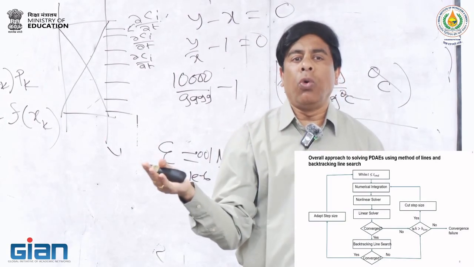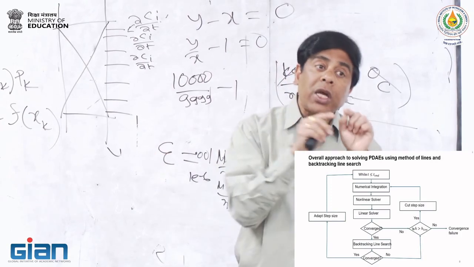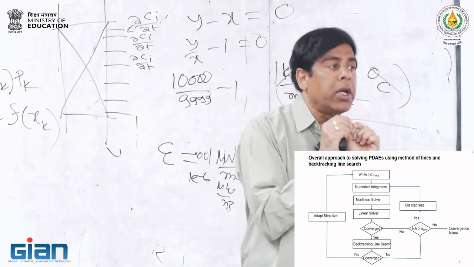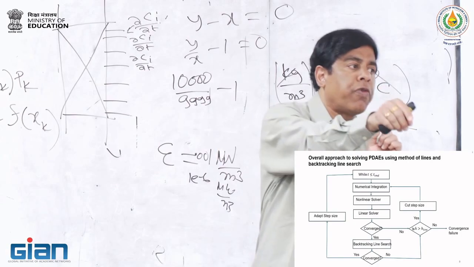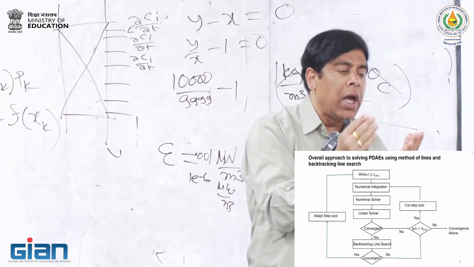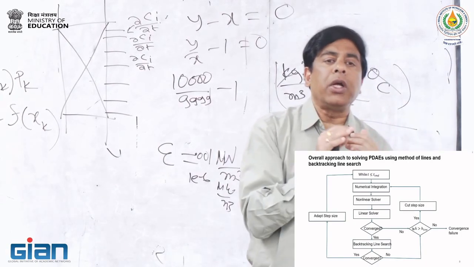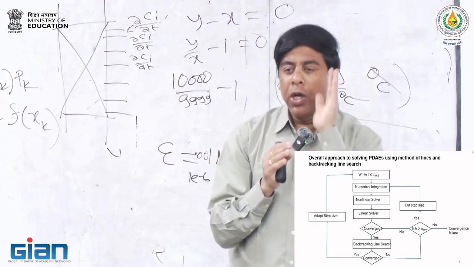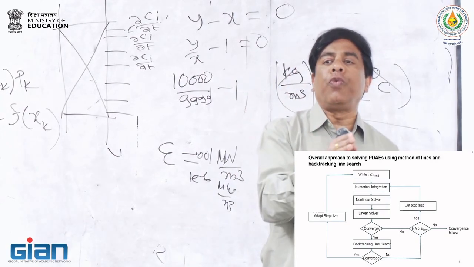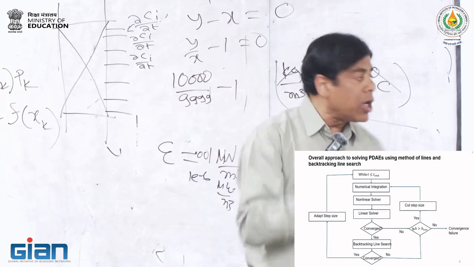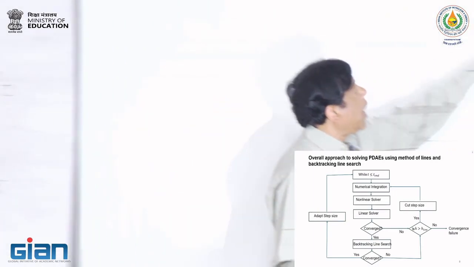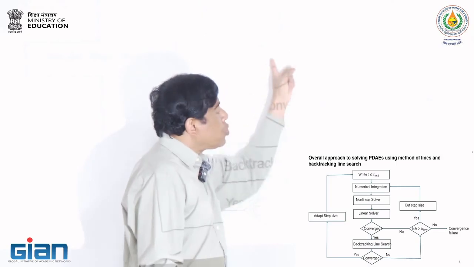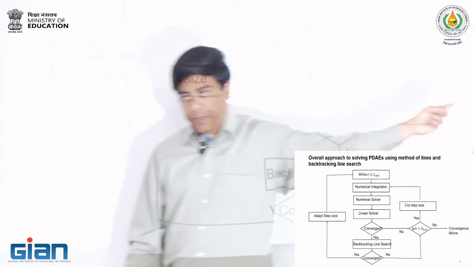Then I have nowhere to go. If you set that lower limit to say 1 minute, then it says, okay, I tried for 5 minutes, I could not solve, let me cut the step. In Aspen, it generally cuts the step by half. So if it is 5 minutes, it will go for 2.5 minutes. Then it will cut the step, and then it will come back through this route again.